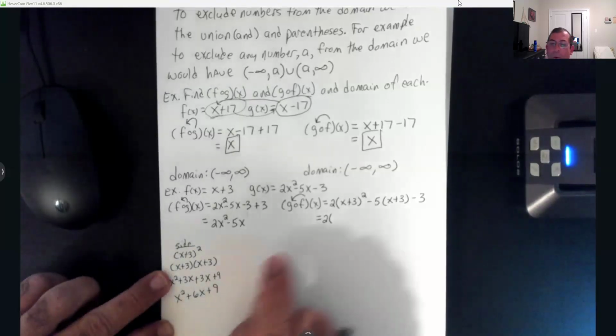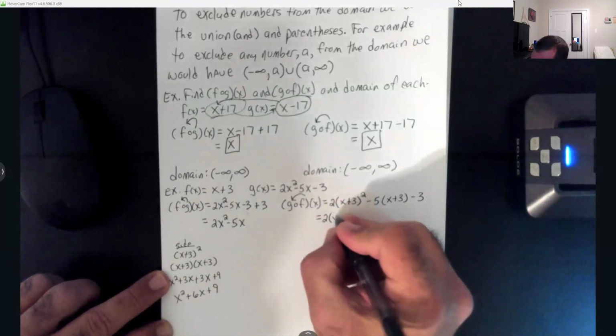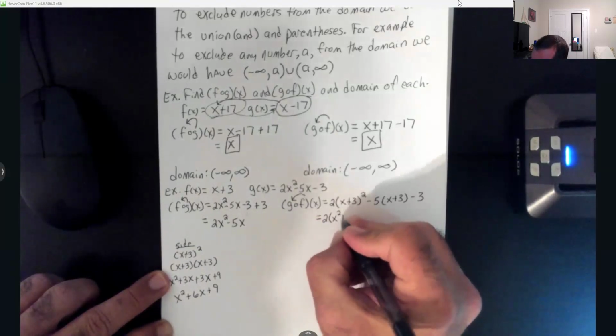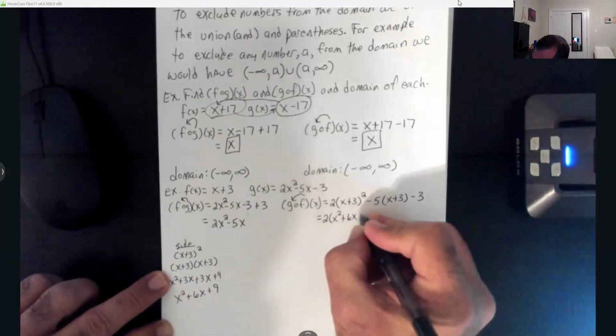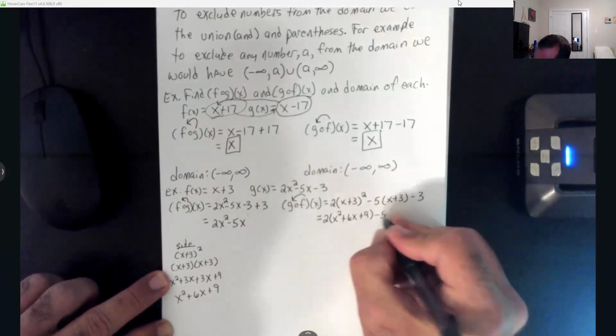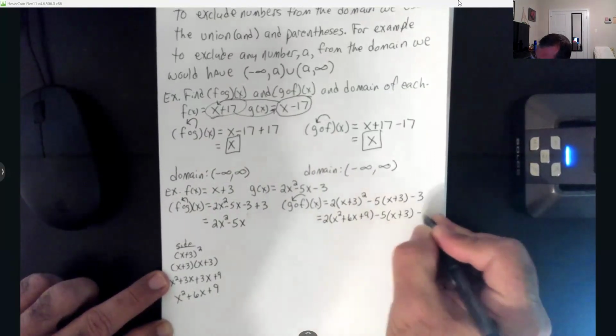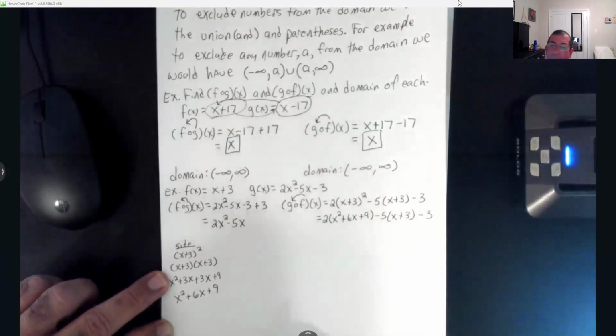Y'all, this is what we got to put in place of that x plus 3 squared: x squared plus 6x plus 9. And then I got my minus 5 times x plus 3, and then minus 3.